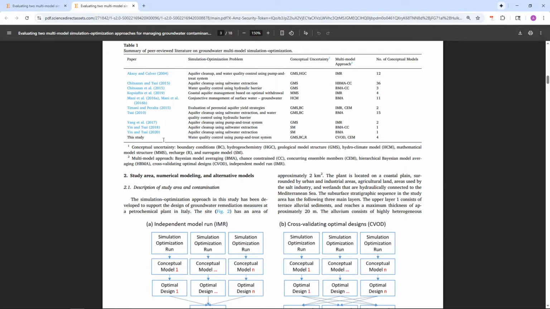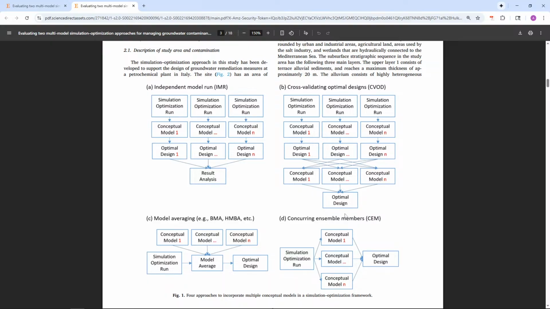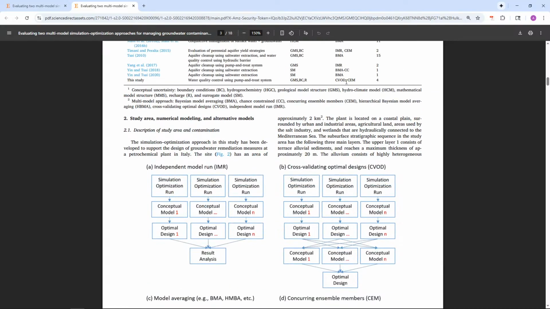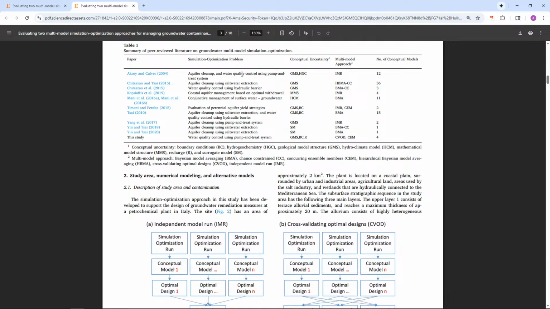This study, for example, is presenting this method and this method, the COVOD and the CEM. So you provide a figure, then you provide a table with some examples from literature, and that will make the reviewer's life easy and the reviewer will be happy because now they understand what you want to do.